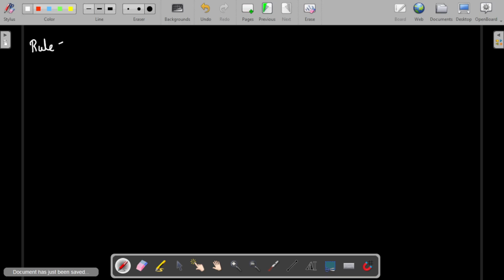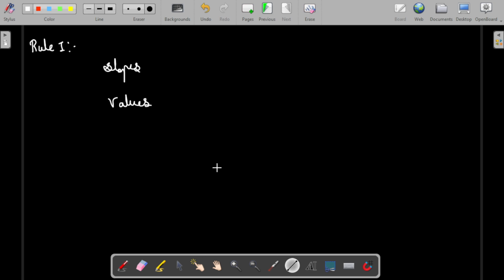Rule 1 is to track x1 of t and x2 of t. Now we have to find the slopes and values. You know slopes, right? If there are steep changes, that is called a slope. If there is a straight value, that is considered a value. If a slope is there, we have to find the value of the slope.